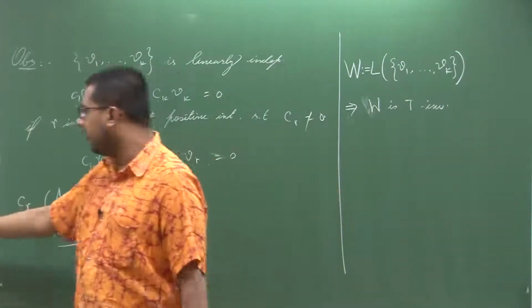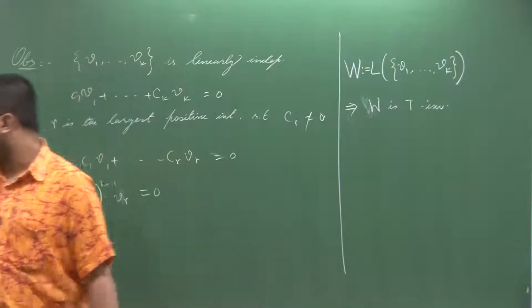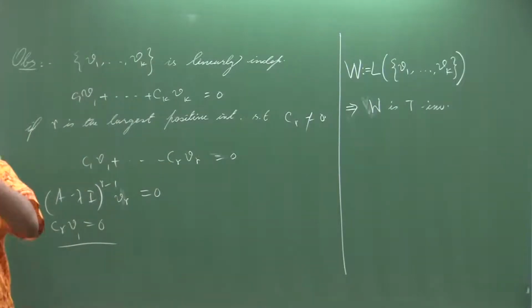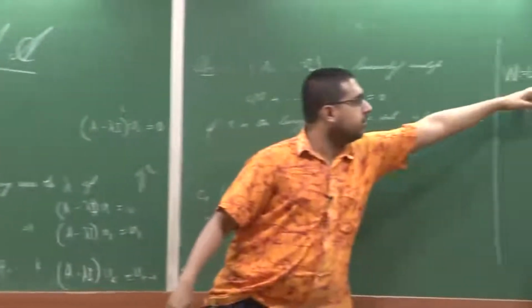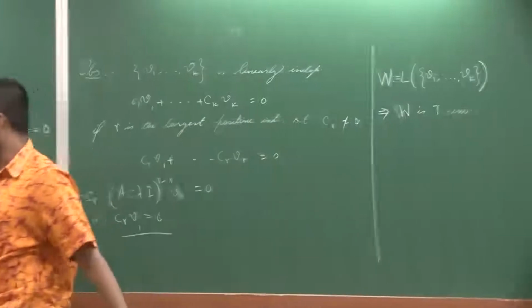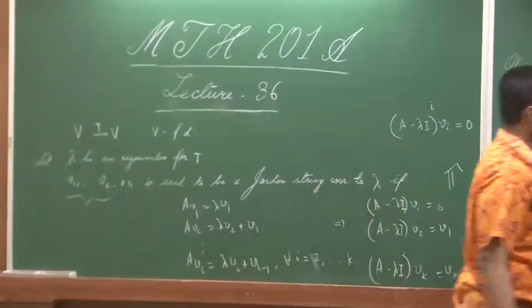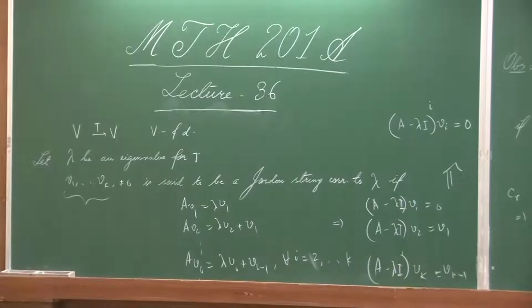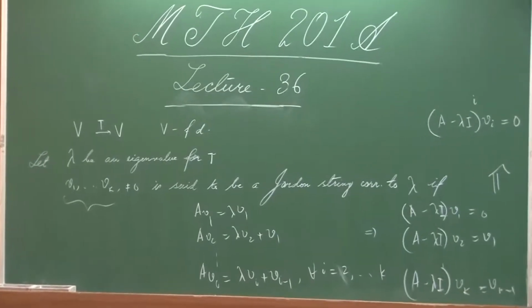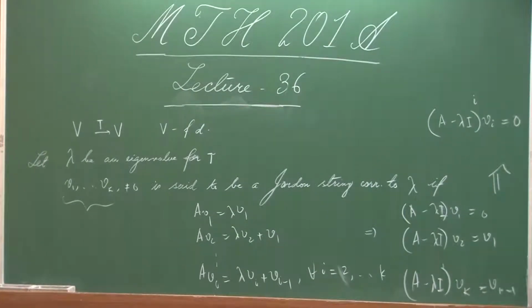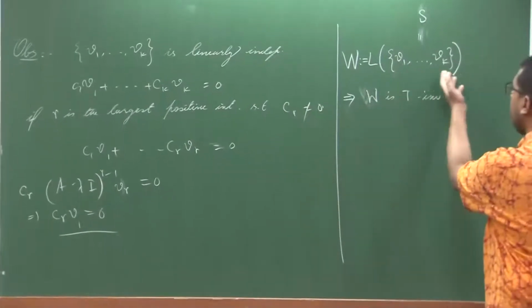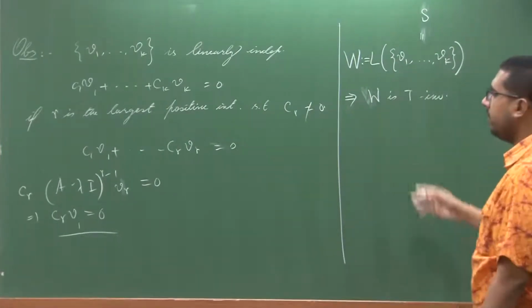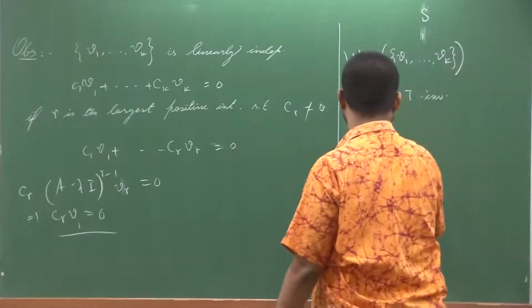Why? Because the image of each v_i lies in the span of v1, v2, up to vk. So W is T invariant, and then what next? Let us denote this set by S, and so this S becomes an ordered basis of W. Therefore, T restricted to W.